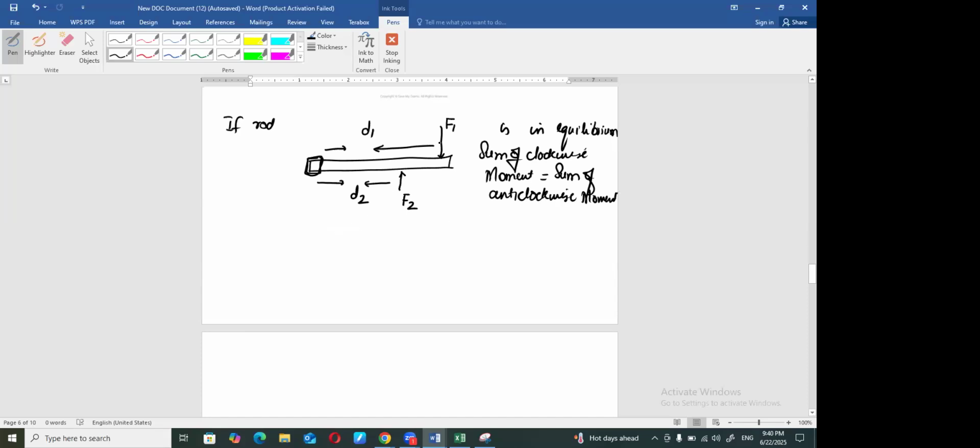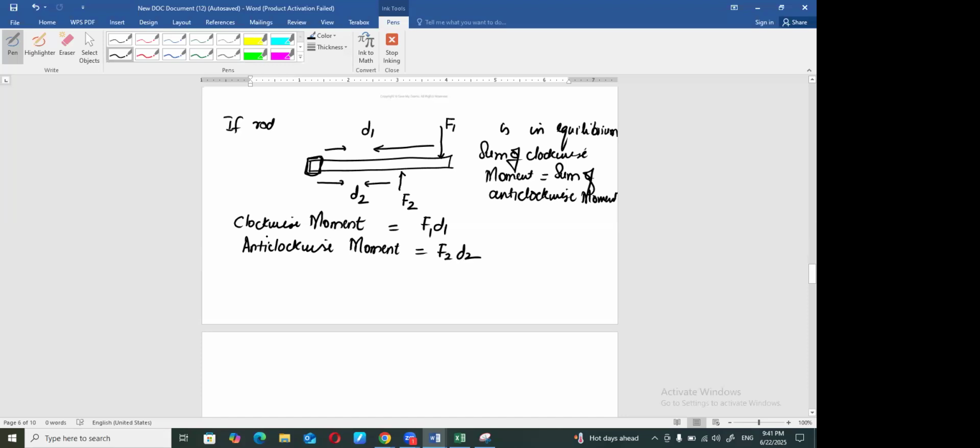Now, if you check, this force is acting in the downward direction and it will rotate this rod in clockwise direction. So let's write it down. Clockwise moment is equal to F1 D1, and this force, because it is upward, will rotate about this point in anti-clockwise direction. So the anti-clockwise moment can be given as F2 D2.